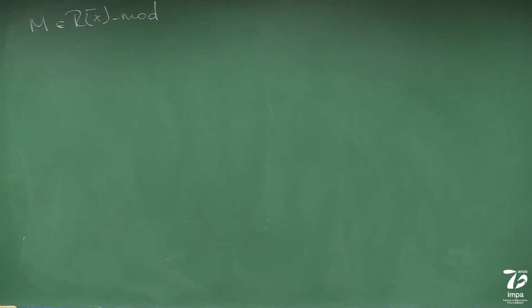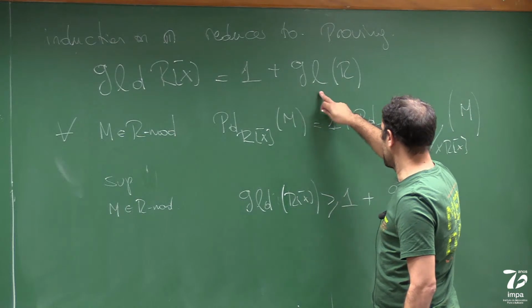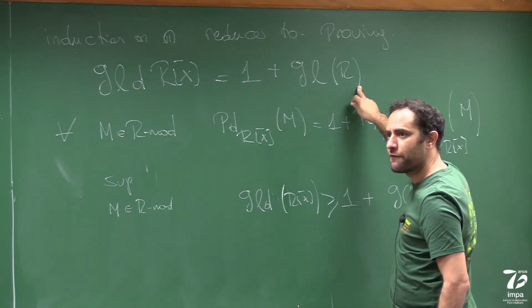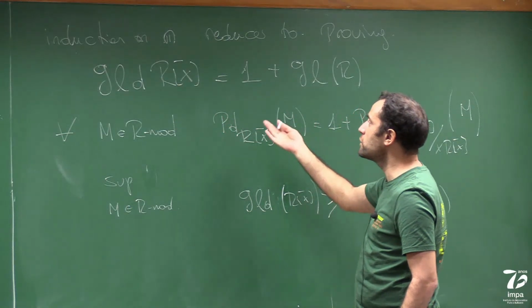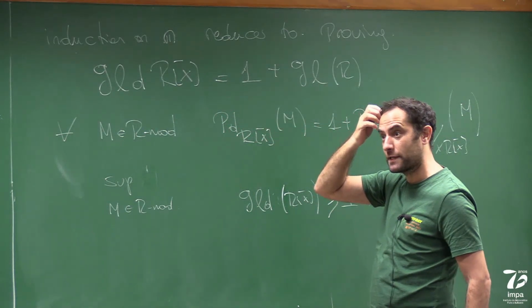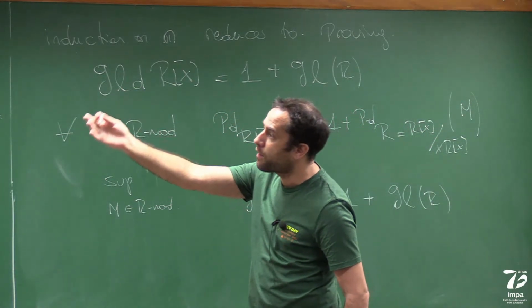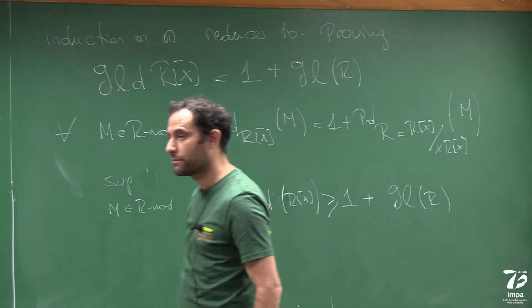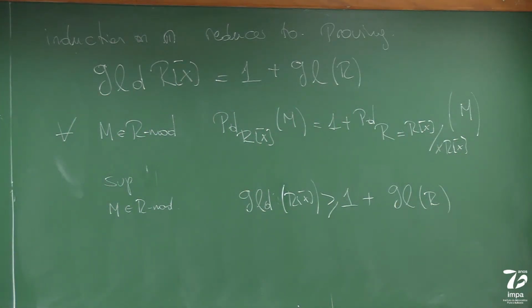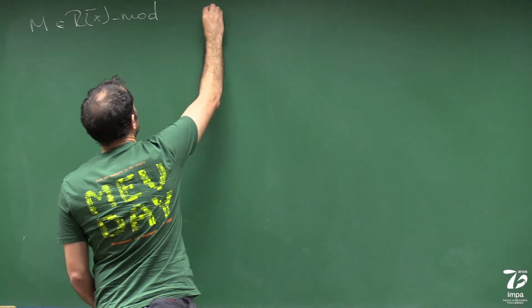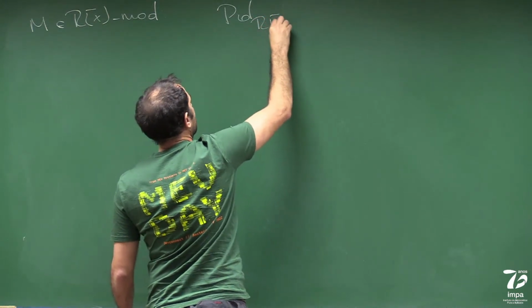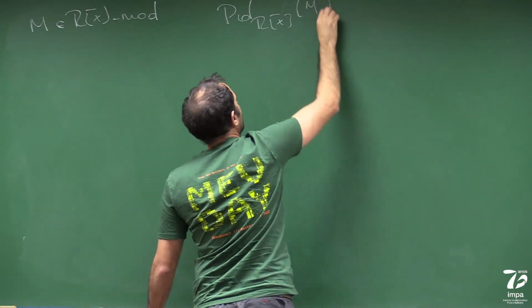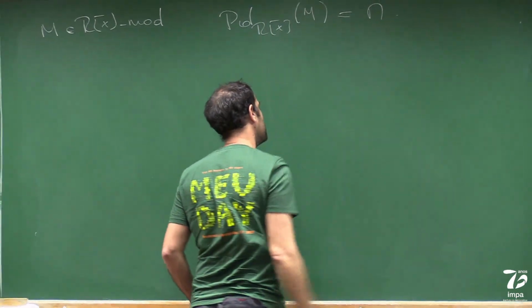So notice that if the global dimension of this ring is infinite, then this guy is also infinite. So I can reduce to the case where these two numbers are finite. So I can just take an R[X] module which has finite projective dimension. Let's suppose that it has finite projective dimension over R[X] of M, which is just n, just some number.